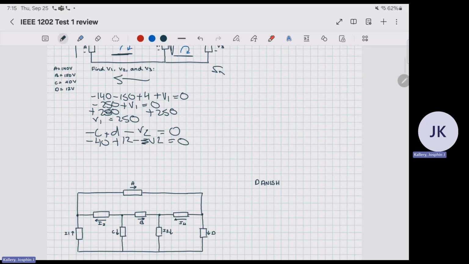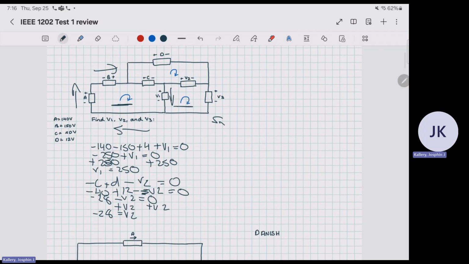That will give you negative 40 plus 12, we get negative 28 minus V2 equals 0. We can move V2 to the right, and then we get negative 28 equals V2.